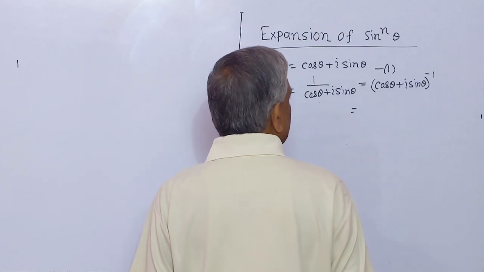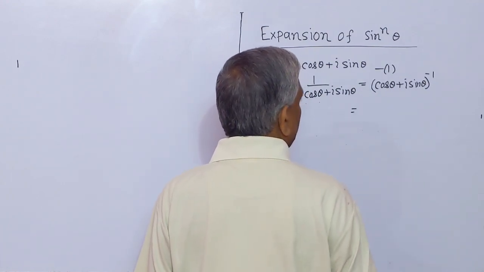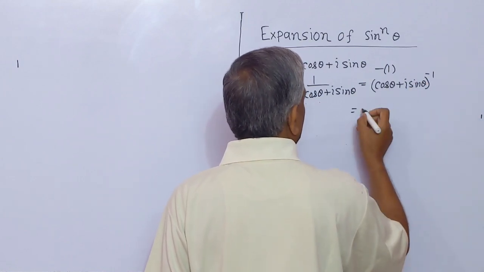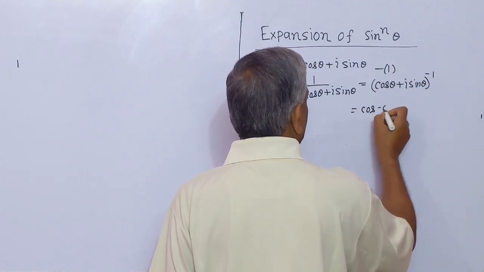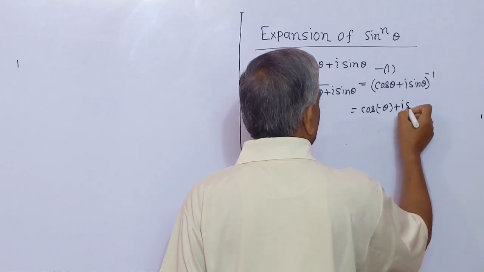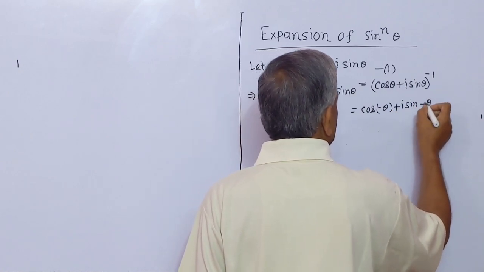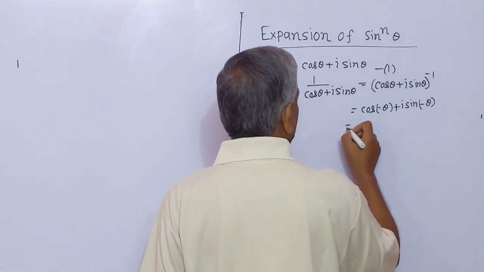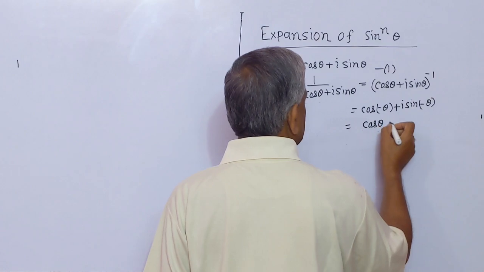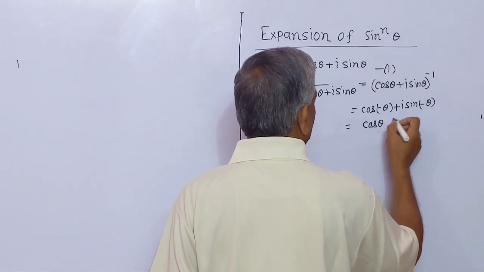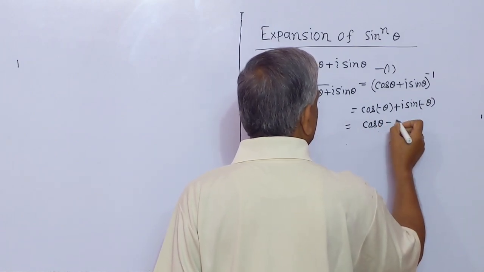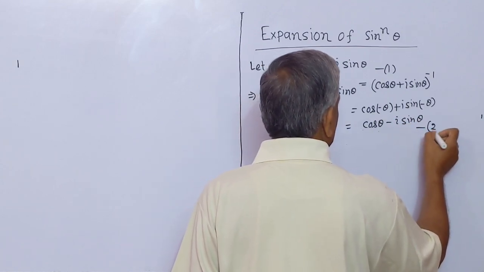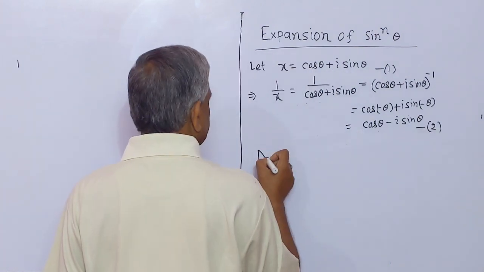Now we use the concept of De Moivre's theorem for negative integral index, and this will be equal to cos minus theta plus i sin minus theta. Cos minus theta equal to cos theta, and sin minus theta equal to minus sin theta. Here we write minus i sin theta. This is number 2.